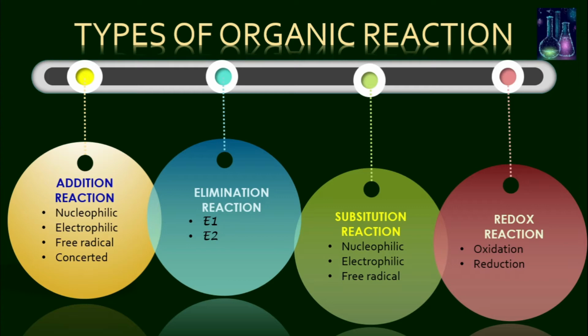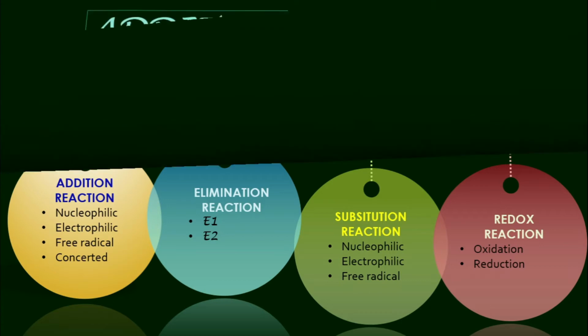For example, addition reaction is divided into nucleophilic, electrophilic, free radical, concerted. Next, elimination reaction, E1 and E2. Substitution reaction, nucleophilic, electrophilic, free radical. Redox reaction, oxidation and reduction. Now let's look into each type.